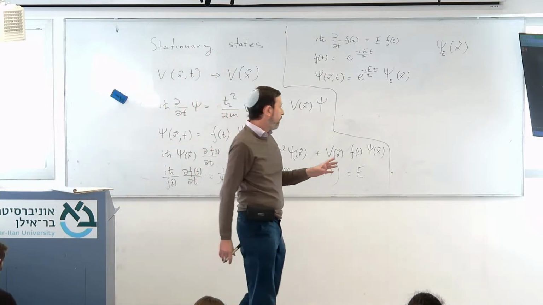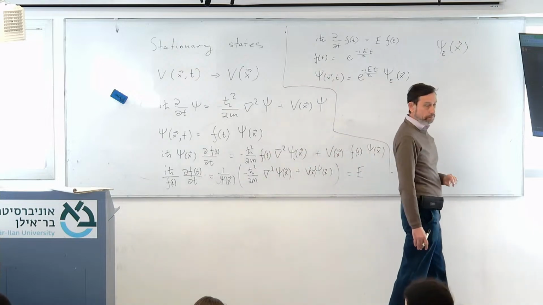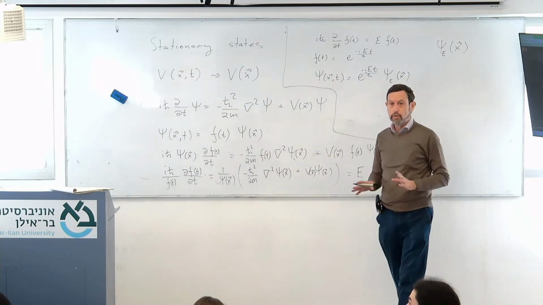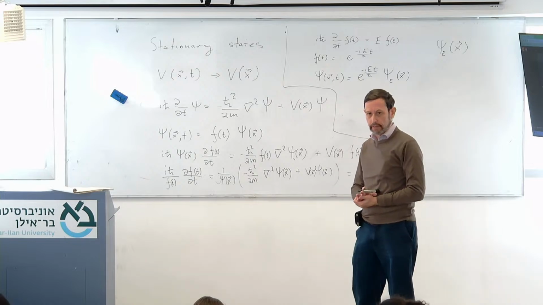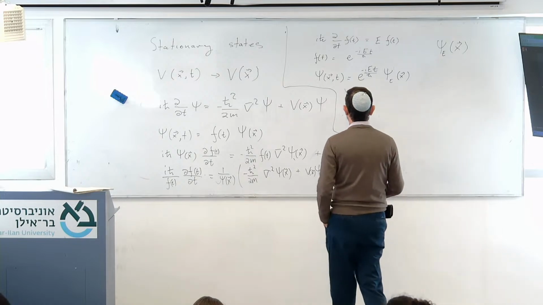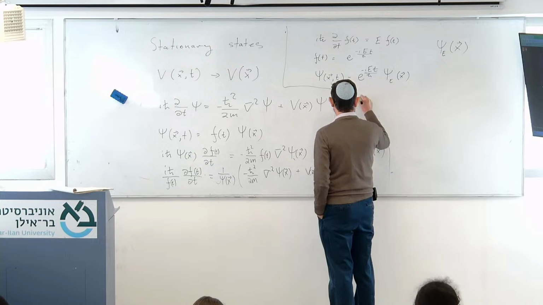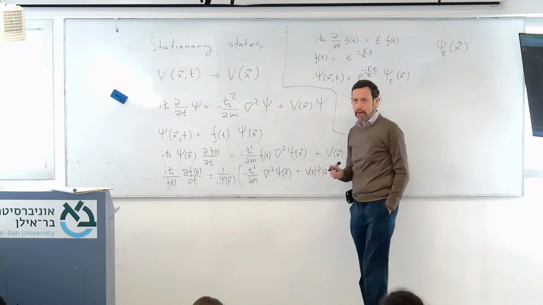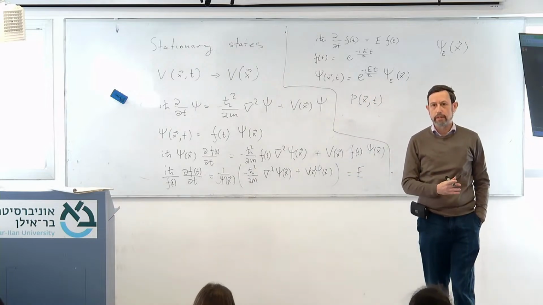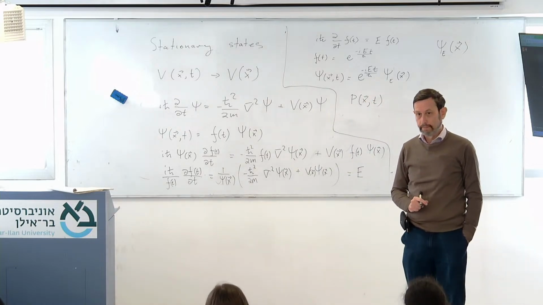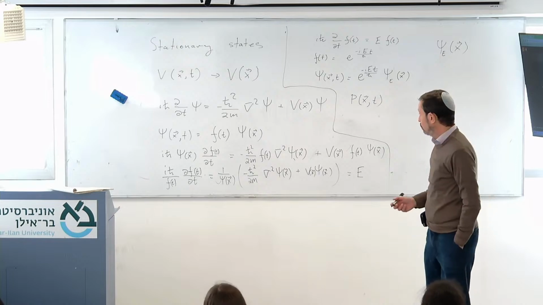What can we say about this type of solution? We can say a few very general things. What is the probability of finding a particle at point x at time t? Okay, we know it.